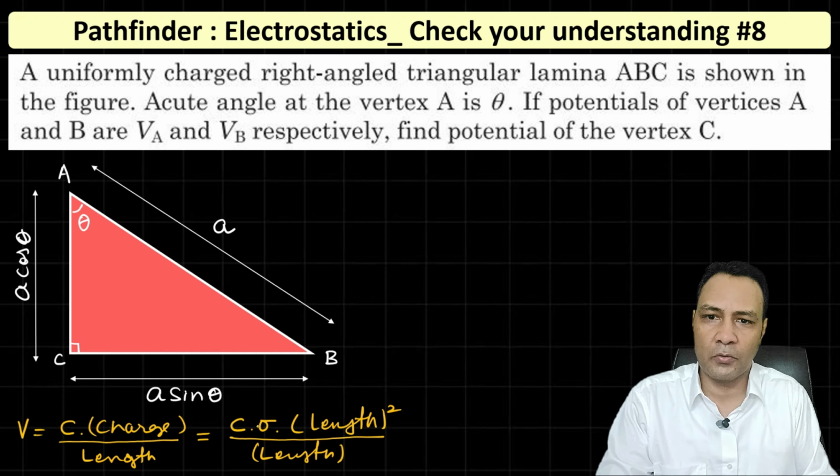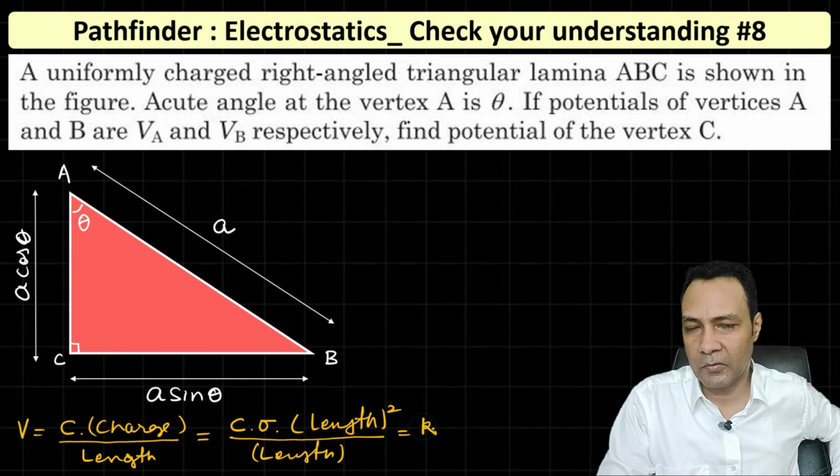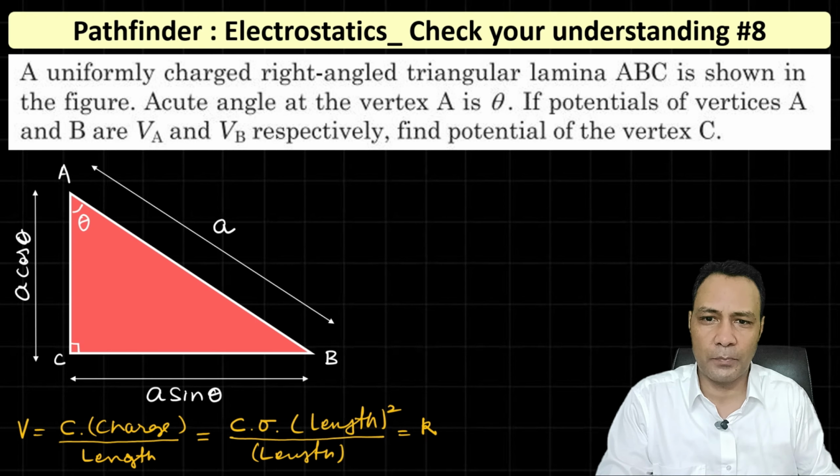So sigma into C can be absorbed into C itself, so I can write some other constant, say K, not that K, 1 over 4 pi epsilon, just a constant. So this is K into some length.